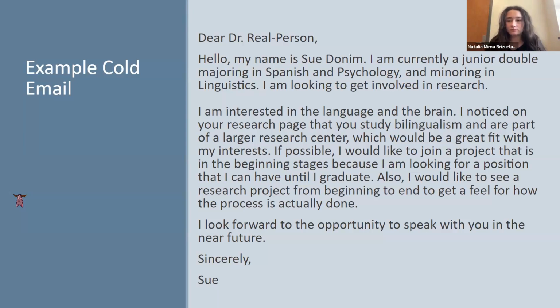Introduce yourself, what your major is, what your interests are, and then introduce what you know about them and their research, which you can see there in the second paragraph. Talk about how you think that you guys would be able to fit together. Talk about what kind of thing you are looking for, what your time schedule is, what your availability is, what your skills are.